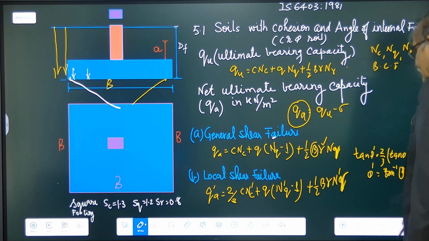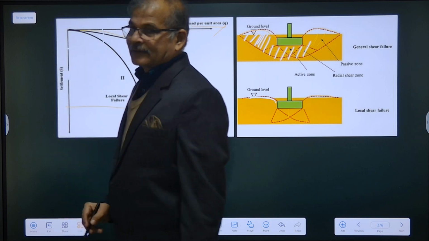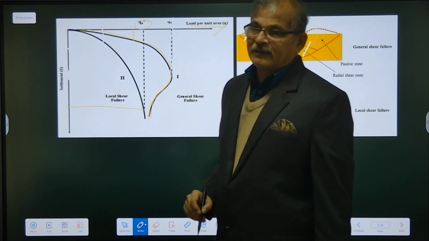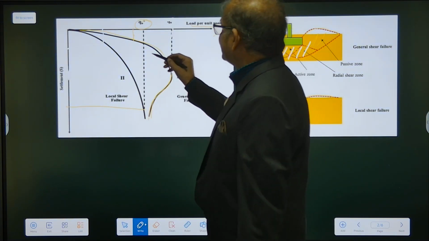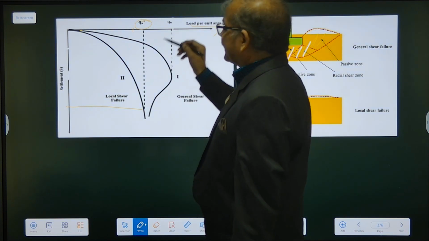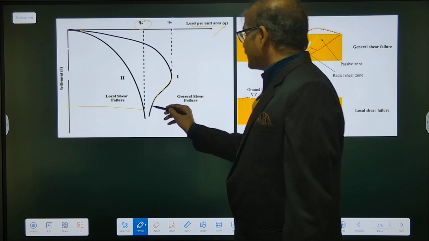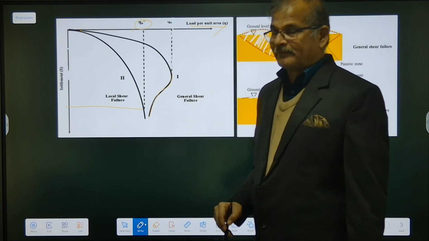In case if we plot the graph load per unit area versus settlement, then we find that in case of general shear failure, soil takes more load, but failure is very sudden, and even with small increase of load there will be a lot of settlement.